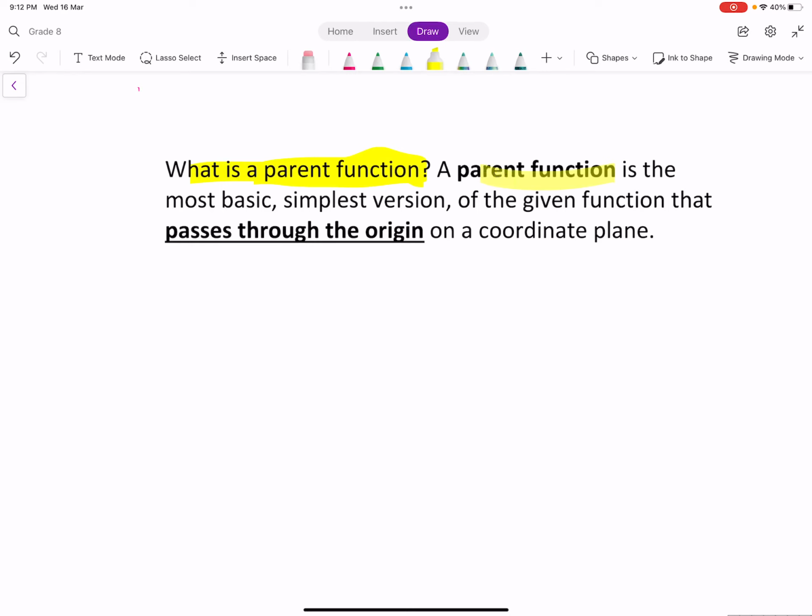And a parent function is the most basic, simplest version of any given function that must pass through the origin on a coordinate plane. So we've already learned one kind of function, and we've learned f of x is equal to a linear graph. And the parent function of a linear graph is simply f of x is equal to x. There's no plus or minus happening to this.